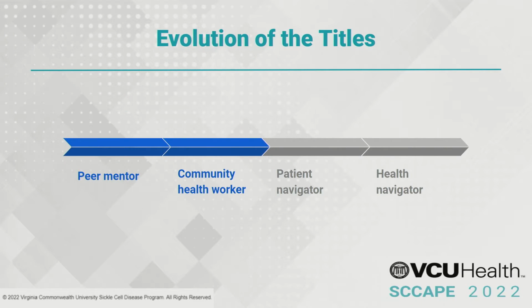There's been a real evolution of these titles, and I mentioned this a little yesterday in regards to the history. Some of this movement really started with peer mentorship. A great example, which some of you may be aware of, was called Reach to Recovery, years ago, for breast cancer.